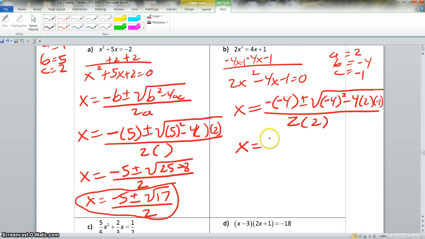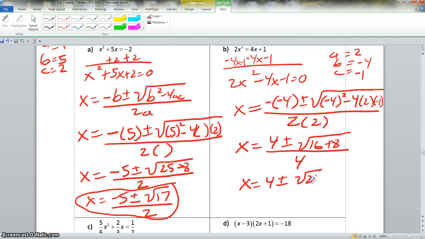So we will have x is equal to 4 plus or minus the square root of negative 4 squared is 16. Negative 4 times 2 is negative 8 times a negative 1 is positive 8, all over 2 times 2 is 4. So we have x is equal to 4 plus or minus the square root of 24 over 4.